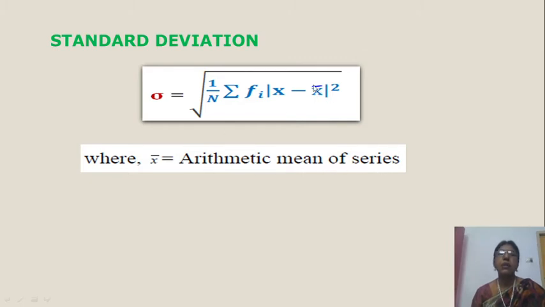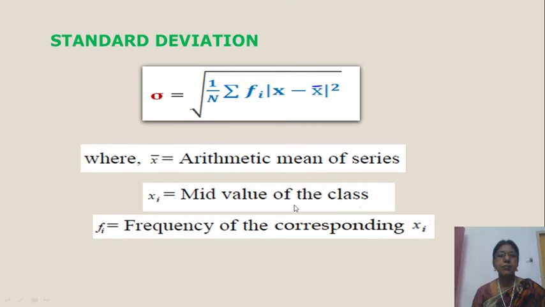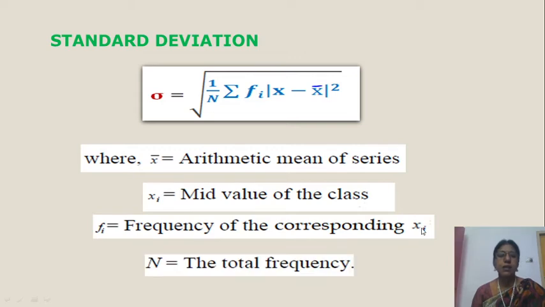Already I have told, x bar anywhere means the arithmetic mean, simply mean. Xi is the mid value of the class. Fi is the frequency of the corresponding xi. N is total frequency. Total frequency means sigma fi.